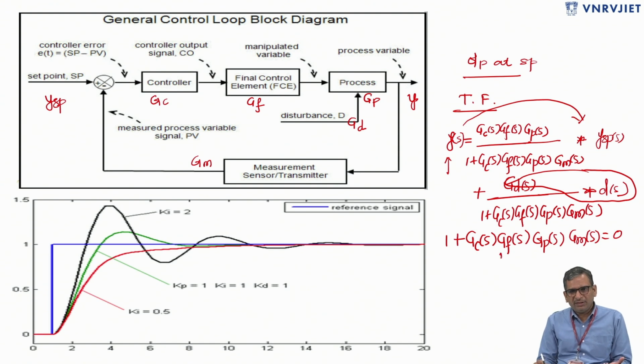The final control element gain is fixed, process gain is fixed, and measuring device gain is fixed. So the controller gain has to be changed by the user, or we can say the operator. Now what is the significance of this GC of S?